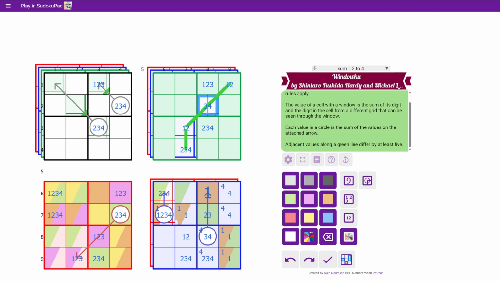So they would have to be the same. If this is a 4 though, they could be different. My goodness. Difficult.